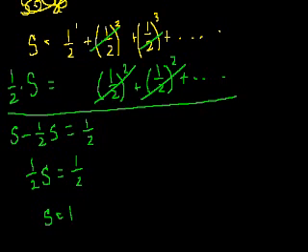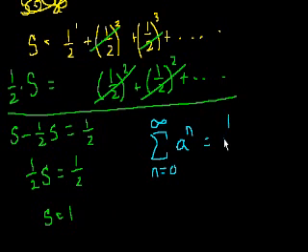Now, let me tell you what the formula says. The formula that you may or may not have memorized is, if you start at n equals 0 and go to infinity of a to the n, in this case a is 1/2, this is going to be equal to 1 over 1 minus a.